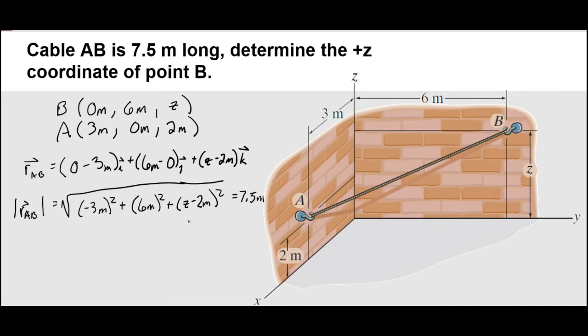So now we can square both sides of this equation to get out the radical, and then get this z on one side of the equation.